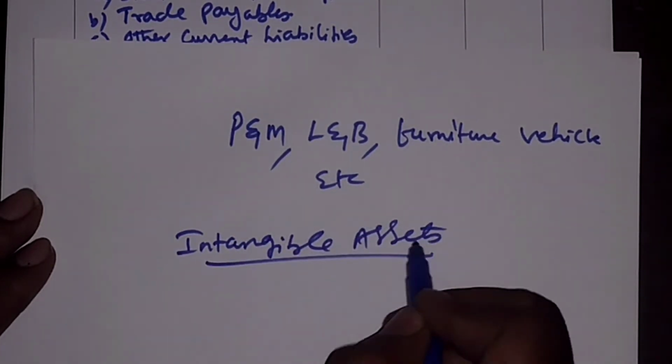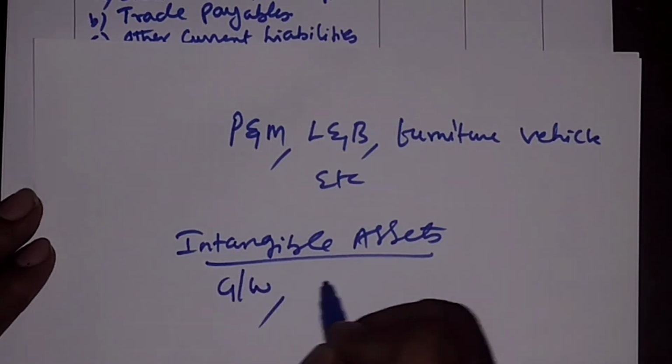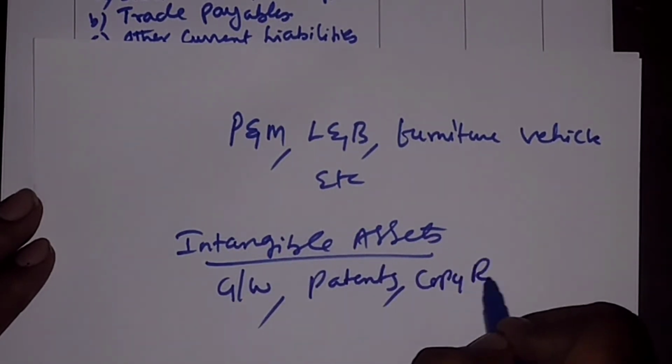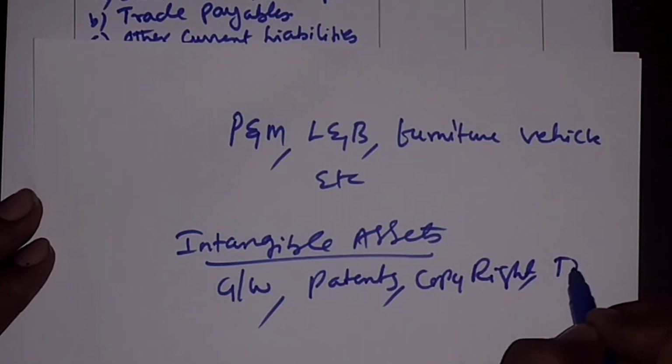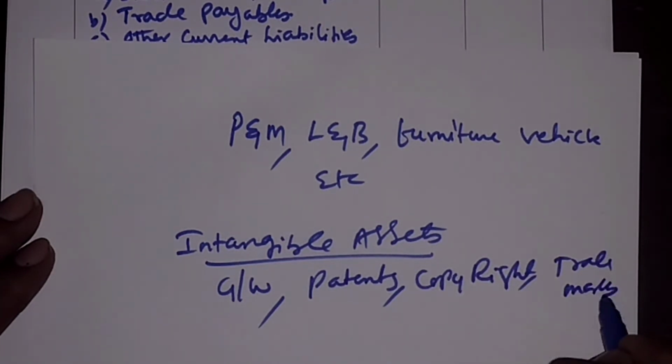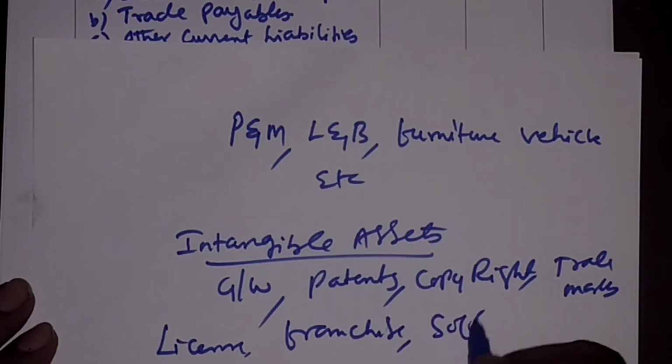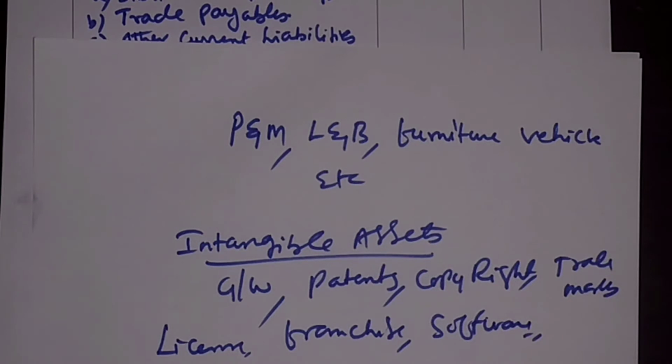What are these? Goodwill, patents, copyrights, trademarks, license, franchise, software. All these are intangible assets.